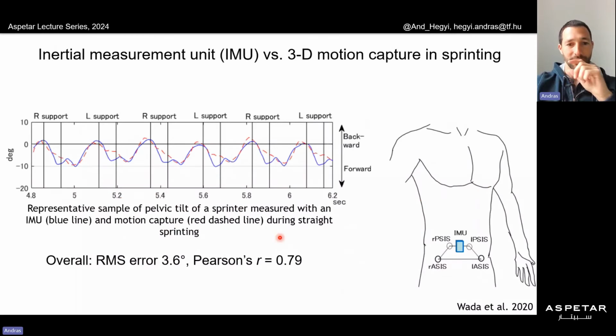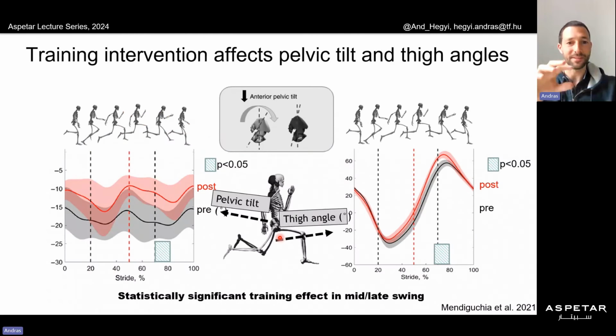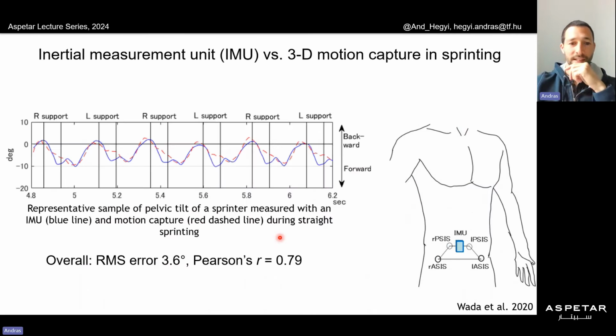I also try to give you some different methods to measure, for example, pelvic tilt. So this was still 3D motion capture, which is also still very difficult in sports environments. We talked about artificial intelligence-based video analysis.